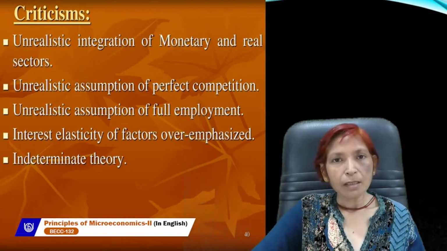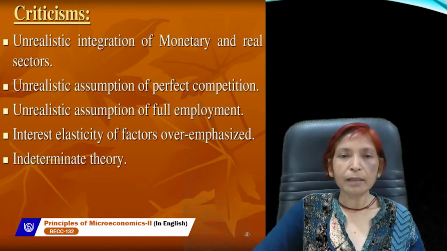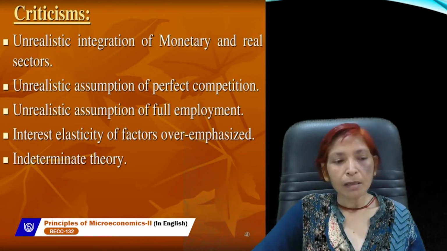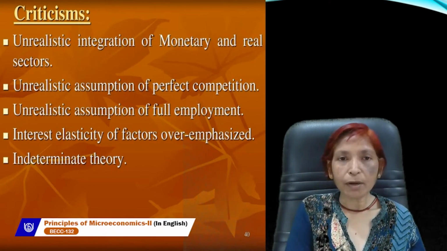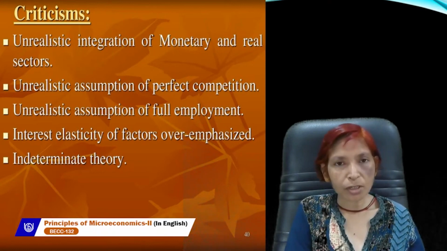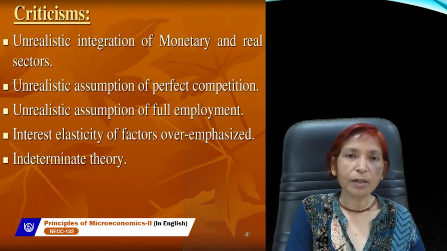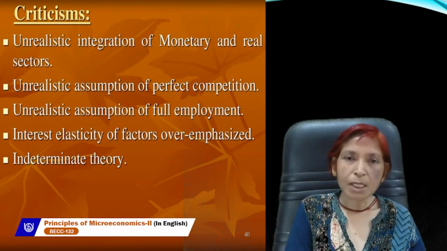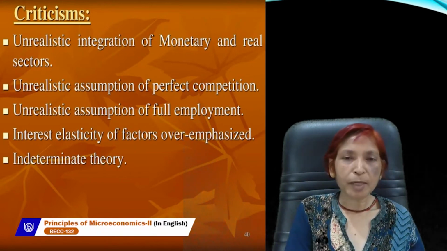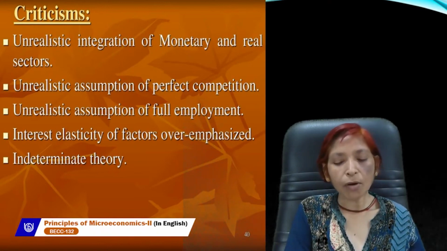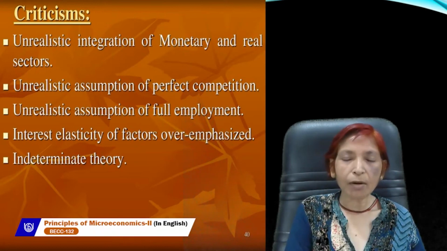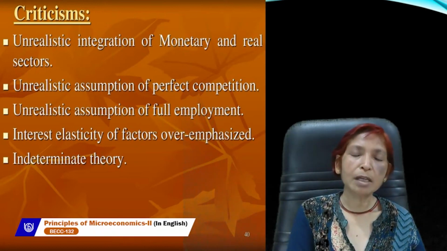This theory is an indeterminate theory. It means we can't say that it is fully determinate, or that we can fully determine all the factors of production reward. Because the marginal productivity theory, which was presented by J.B. Clark, assumed that we should give all the factors of production reward according to their contribution in marginal productivity.